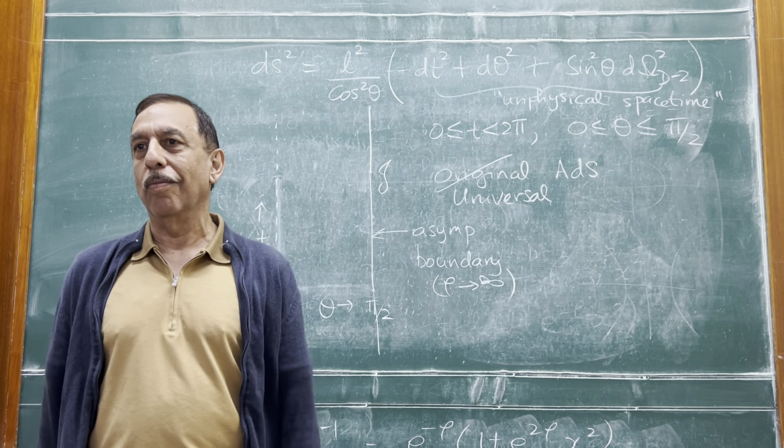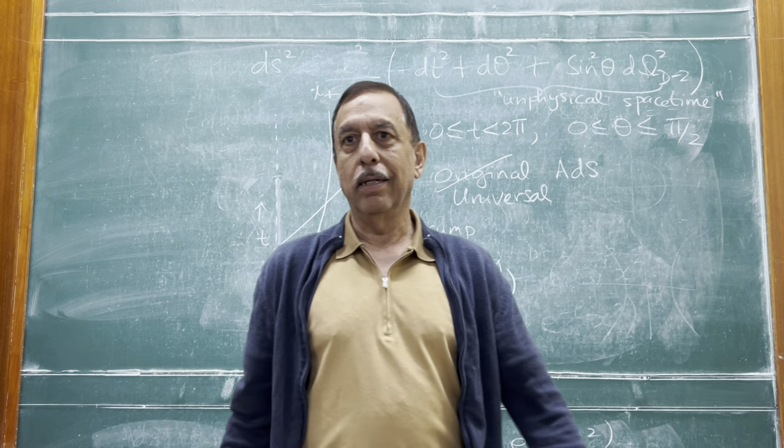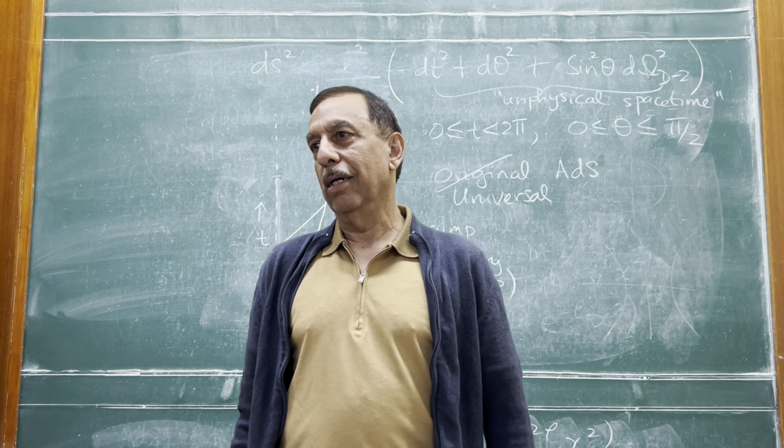What do time-like rays do? They go there, and they never end, but Hawking and Ellis's proposal is to put a dot over here called I plus and a dot somewhere here called I minus, and say these represent space-like infinity or time-like infinity.